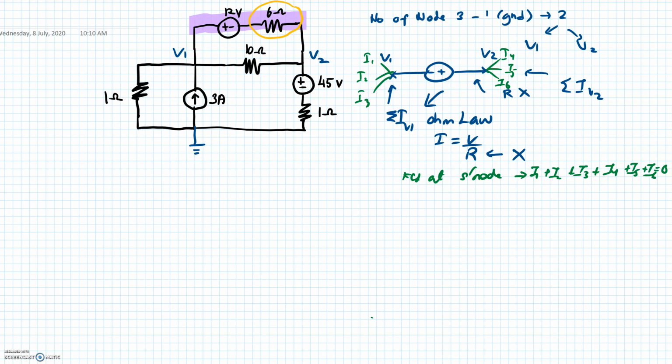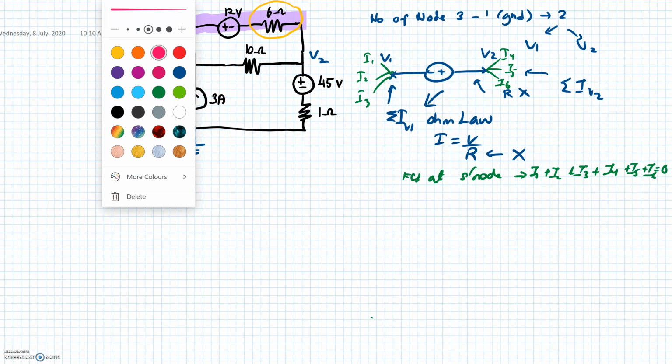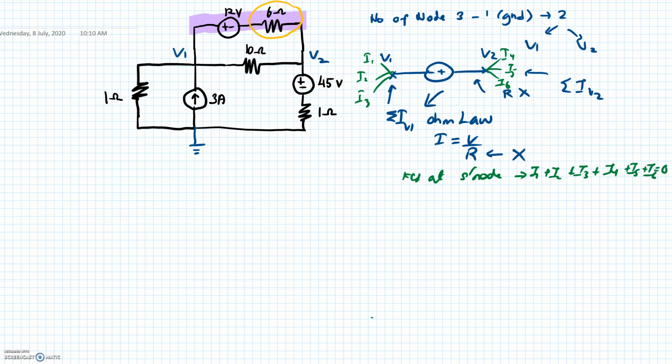So I only show you how to find the currents at this branch. So first, you have to assume all the currents are as is.